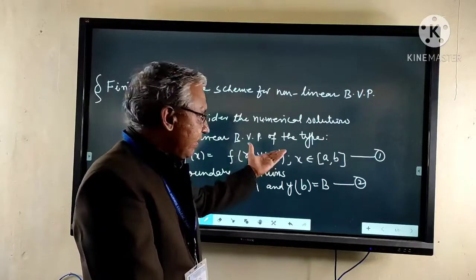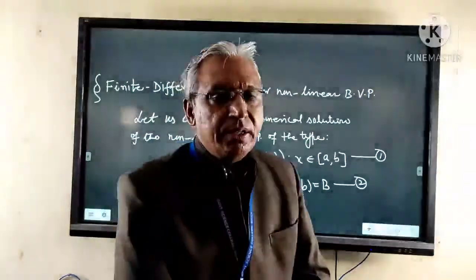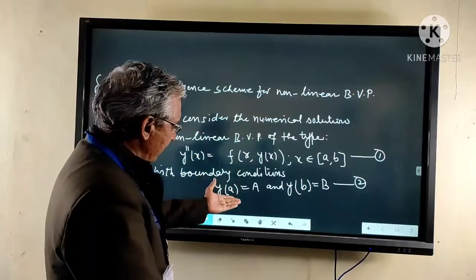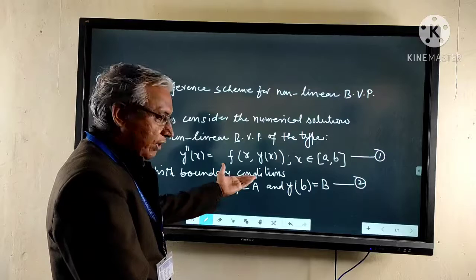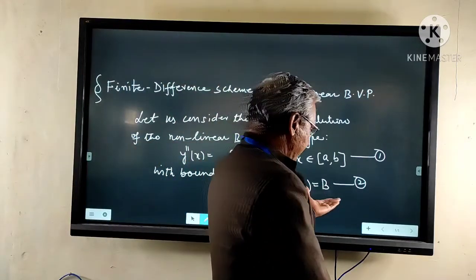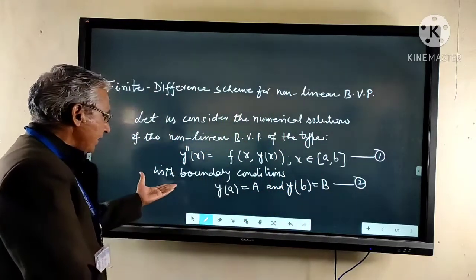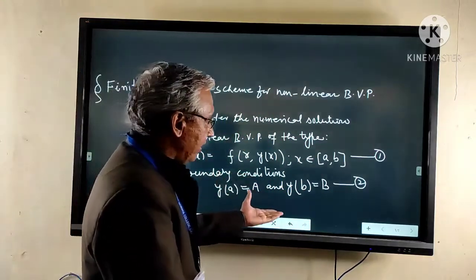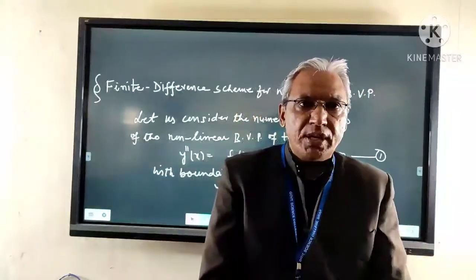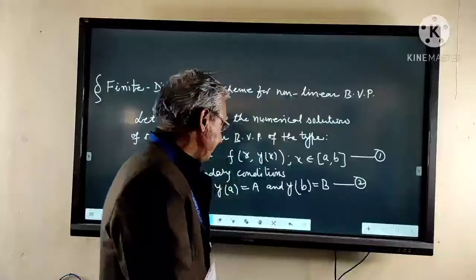Here y depends on x, x belongs to the closed interval [a, b], with boundary conditions: when x equals a, y equals A, and when x equals b, y equals B. We observe that the boundary conditions are given at the end points of the interval. Therefore, this is known as a two-point boundary value problem.